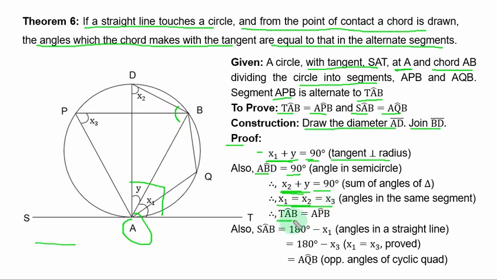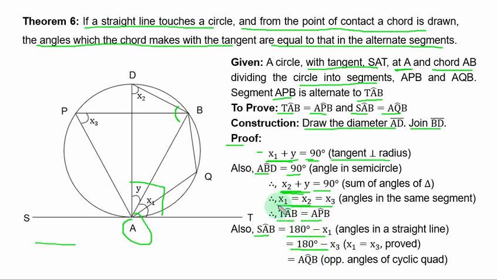Therefore, angle TAB is equal to angle APB. Also, angle SAB is equal to 180 degrees minus S1, angles in a straight line, and that is also equal to 180 degrees minus S3.